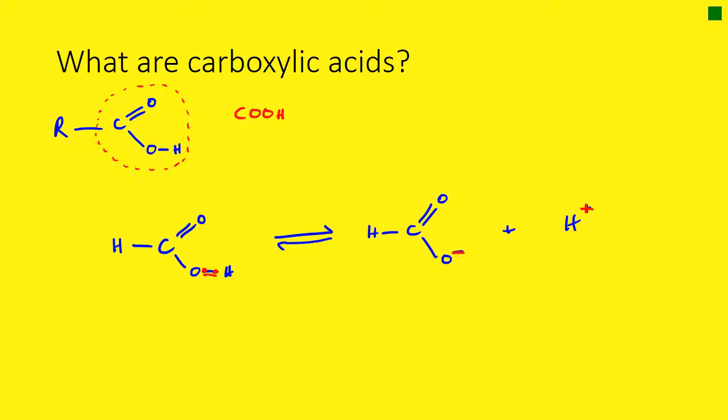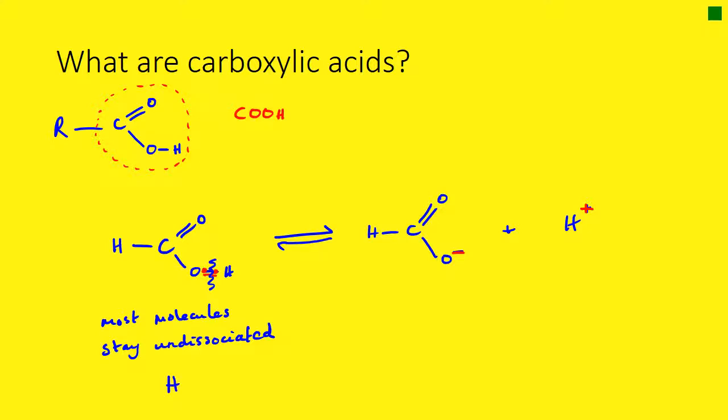But this equilibrium reaction is way over to the left hand side, so most of the acid molecules stay undissociated. Undissociated just means that this bond hasn't broken and they're complete molecules. So the equilibrium lies over to the left with carboxylic acids.